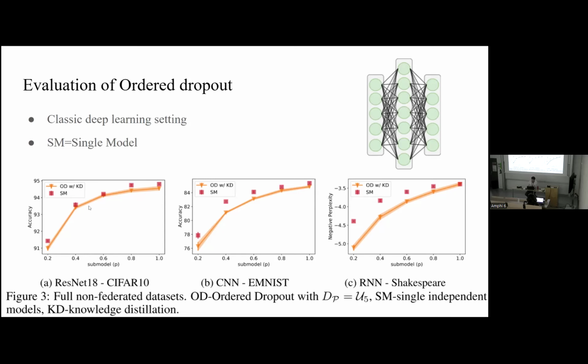And this is what they're comparing with. You can see, for example, in the case of ResNet 18 and CIFAR10, ordered dropout with some knowledge distillation is matching almost the performance, and this is top one accuracy, of the single models. In the case of Shakespeare, it's a bit less, I would say. This is just a proof of concept to show the point of having ordered dropout.